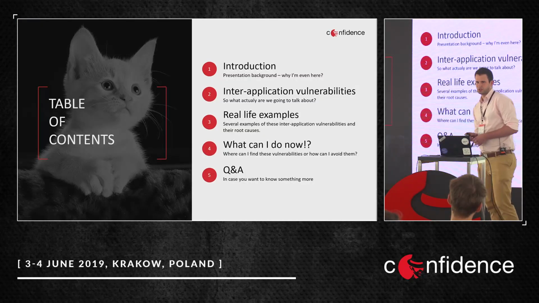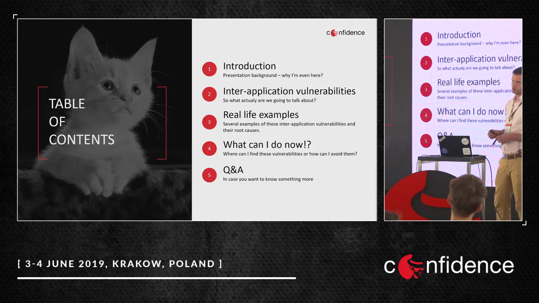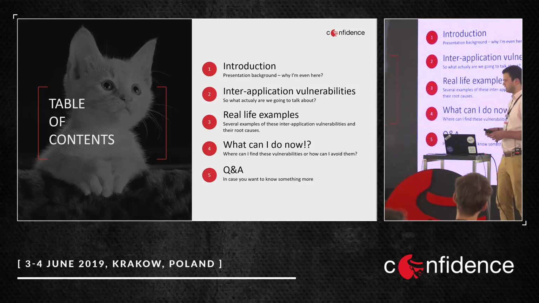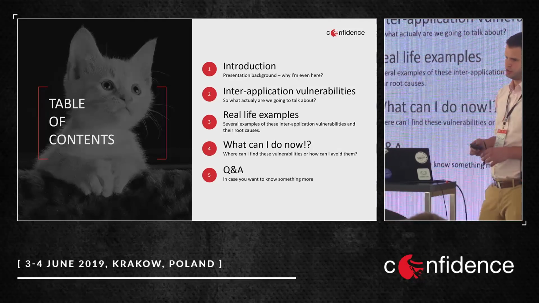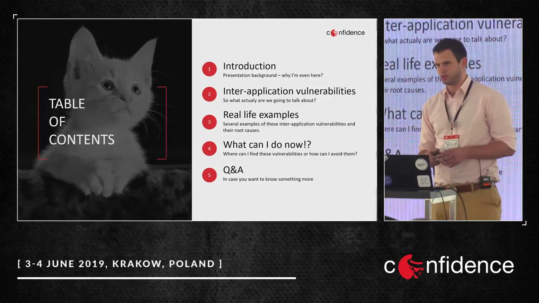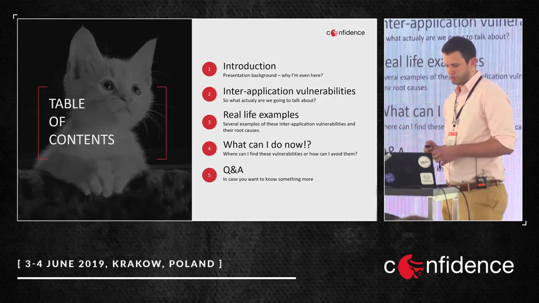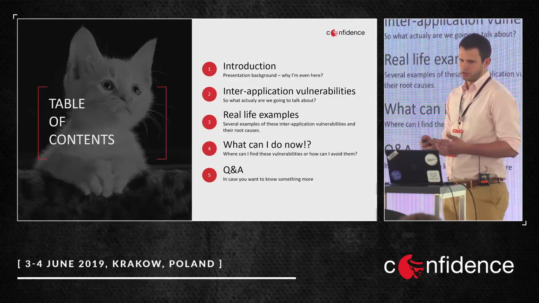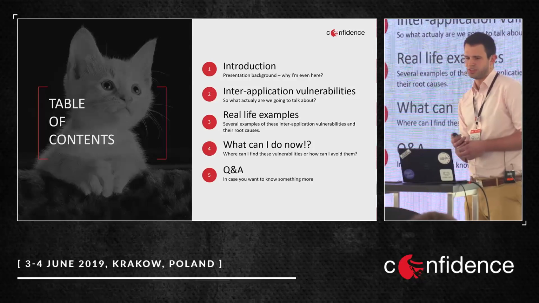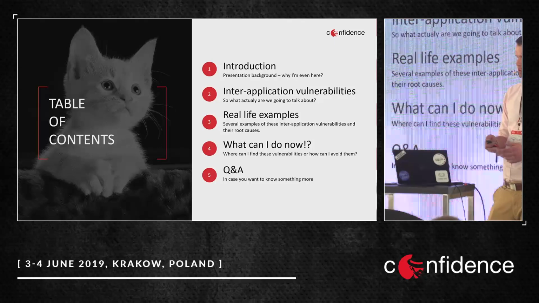Table of contents, so we'll start with the introduction. We'll just briefly explain why I'm here. Then we'll jump into inter-application vulnerabilities. This phrase, inter-application vulnerability, is not a well-known phrase, so I will explain what these inter-application vulnerabilities are and where you can find them.